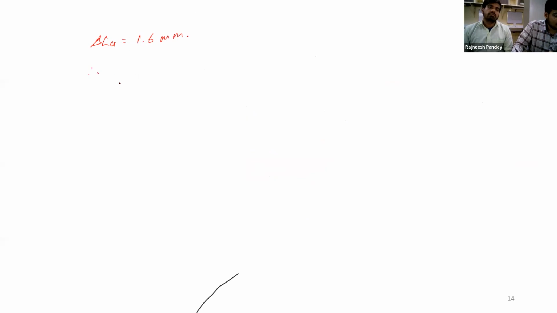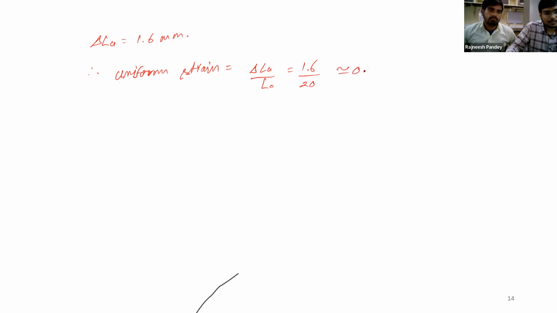So the uniform strain comes out to be nothing but delta LU over L naught, which is 1.6 over 20, as L naught was 20. So this is approximately 0.08, or in terms of percentage, this is 8%. Similarly, from the graph, for total strain, we get delta LT. Let me call this the total elongation.